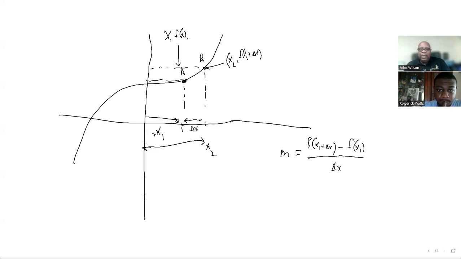So the cool thing is that if you want to get accuracy to what's happening at A, you have to make this distance small, because no matter how close you imagine it, there's still a little curve, and it's not really a straight line.